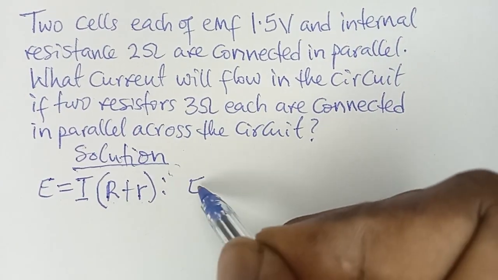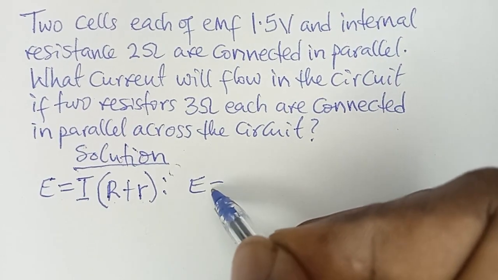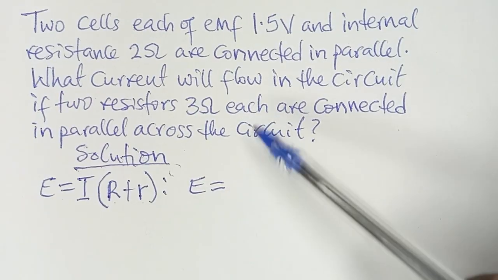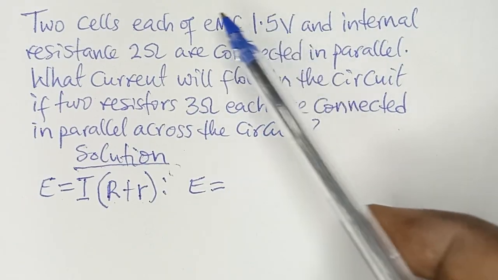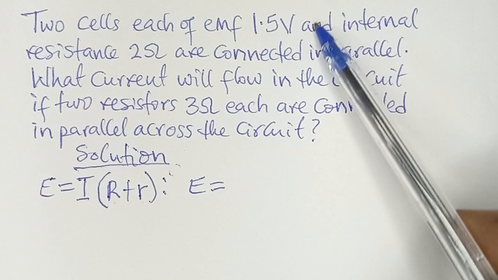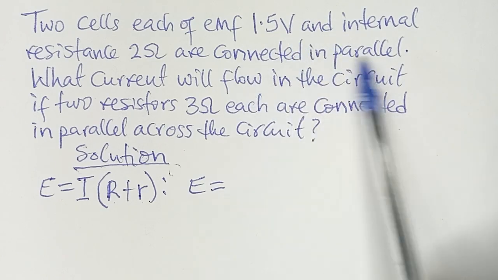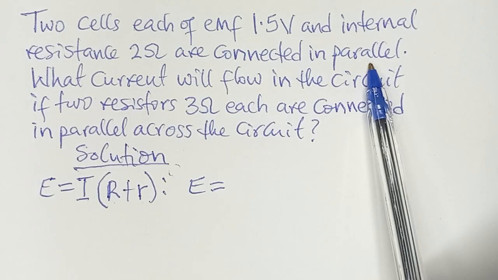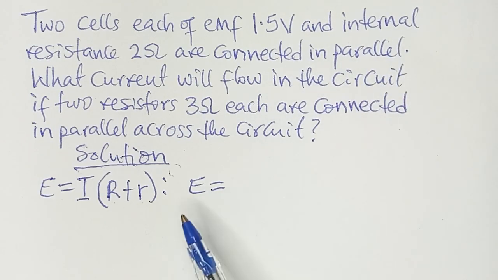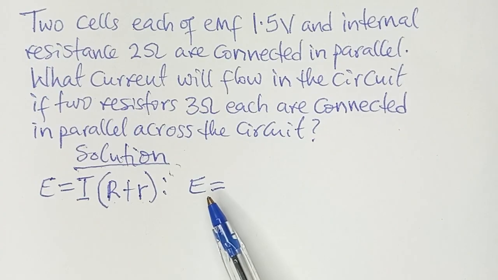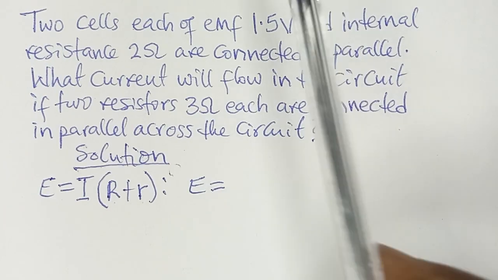So for the effective EMF, I'll say E. Don't forget the question says there are two cells, each of 1.5 volts EMF, and they are connected in parallel. When two cells are connected in parallel, their effective EMF is just the EMF of one of them.